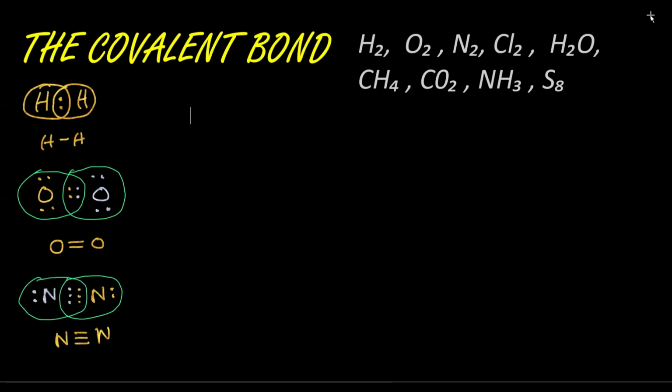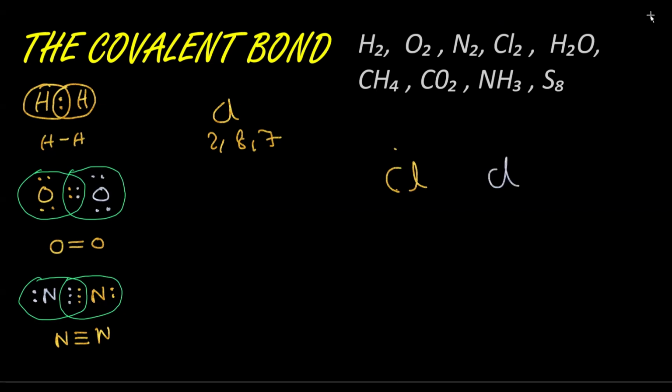Now coming to the next example, that is chlorine. You should know that chlorine, whose atomic number is 17, has electronic configuration 2, 8, 7. So you can see from here that chlorine just needs one more electron. So these chlorine atoms will share 1 electron each. Let's say I write 2 chlorine here.